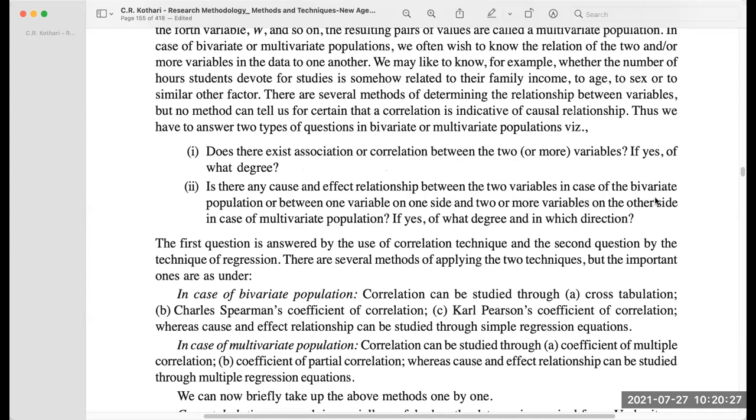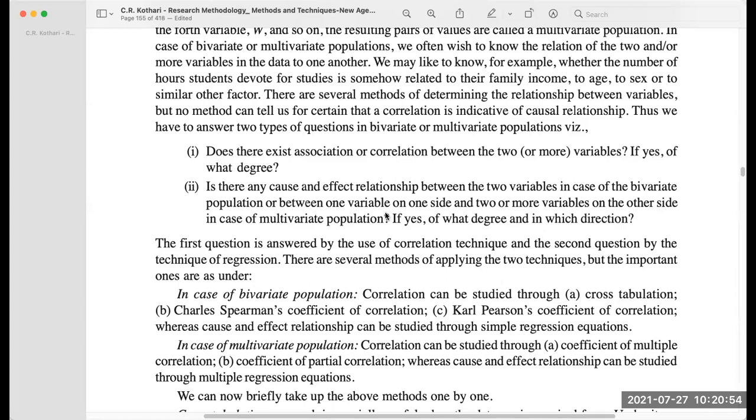Bivariate means using two variables we perform the analysis and find out what kind of relation there may be. Symmetrical, reciprocal, asymmetrical, what kind of relation between the two variables, and of what degree and in which direction, right?